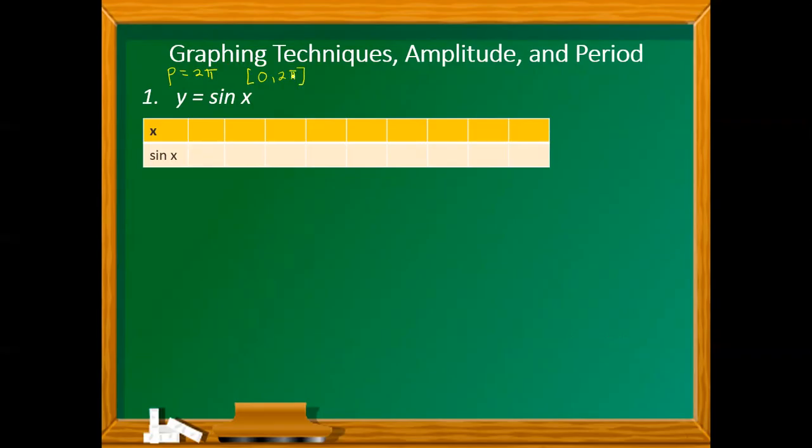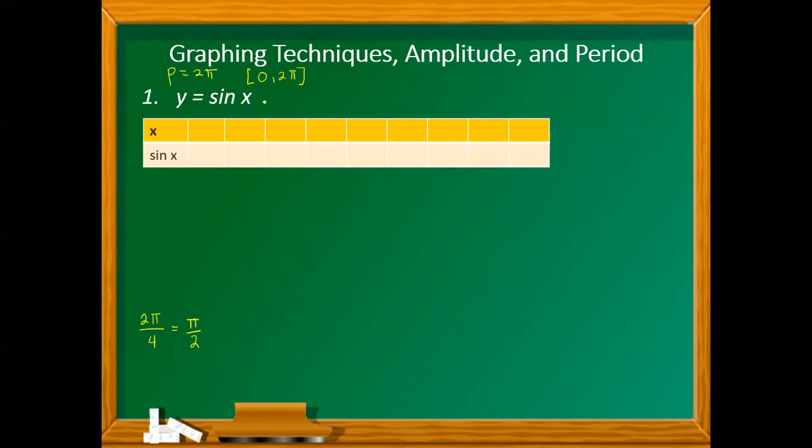If we're going to select 4 points from that interval, what we will do is divide 2 pi by 4. So we have pi over 2 here. And we will add this pi over 2 to 0 cumulatively until we get 2 pi.